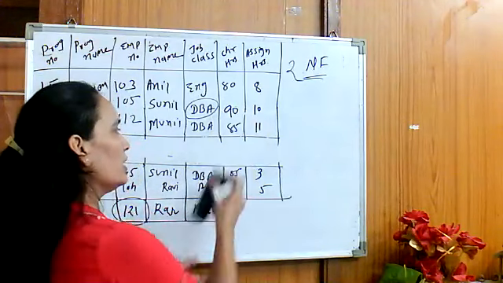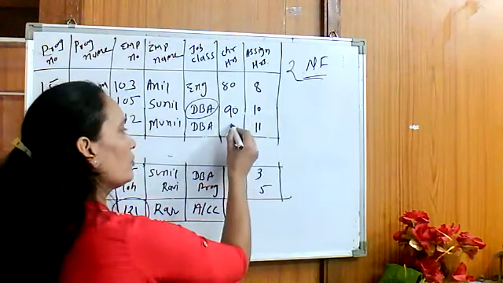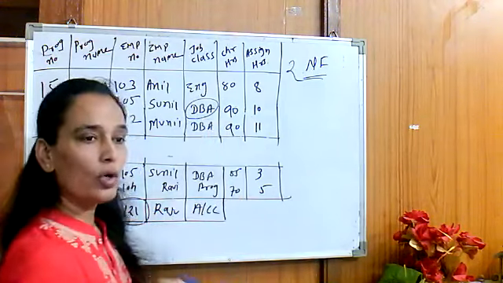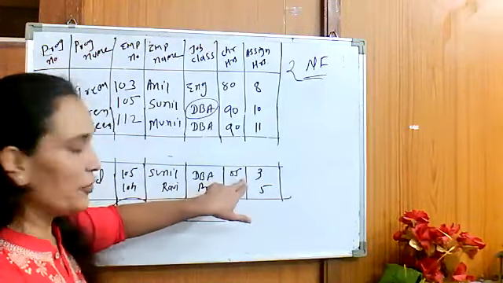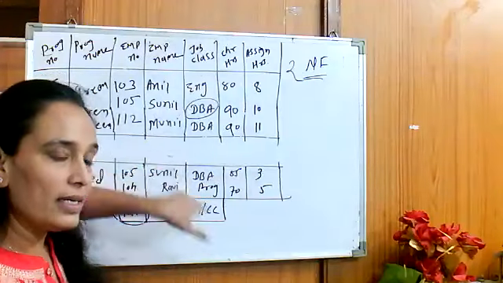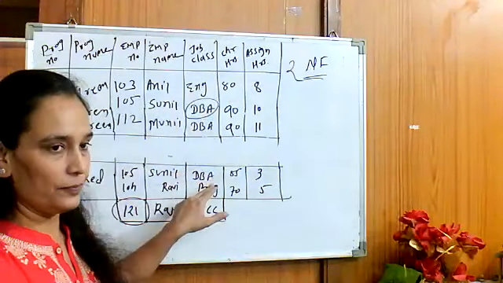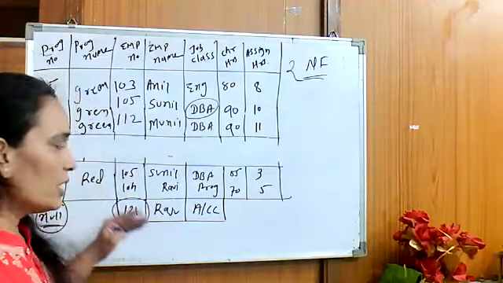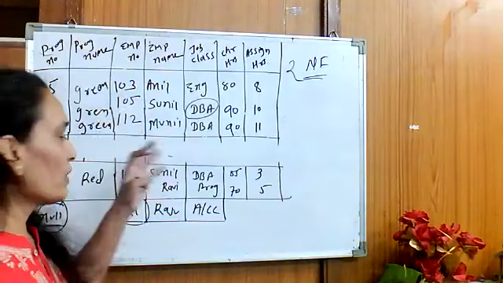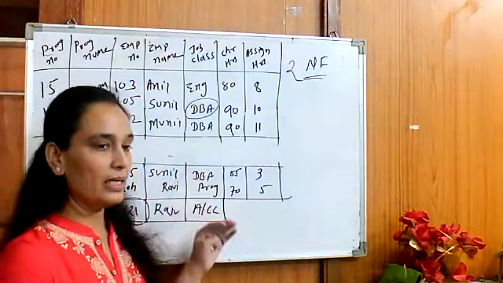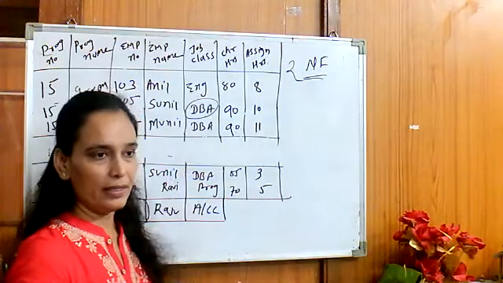I have to change here also. And if I forgot to change at one place like here DBA 85, then it will create inconsistency. So first normal form creates this type of problem, insert, update, delete problems, because of redundancy.